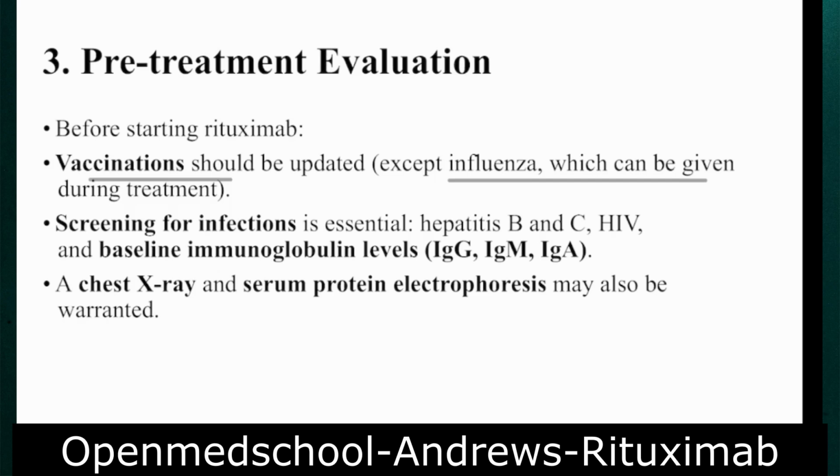Screening for infections is essential. Hepatitis: you should go for hepatitis B surface antigen and hepatitis B core antigen. Evaluate for hepatitis C, HIV, and a baseline immunoglobulin level: IgG, IgM, IgA.